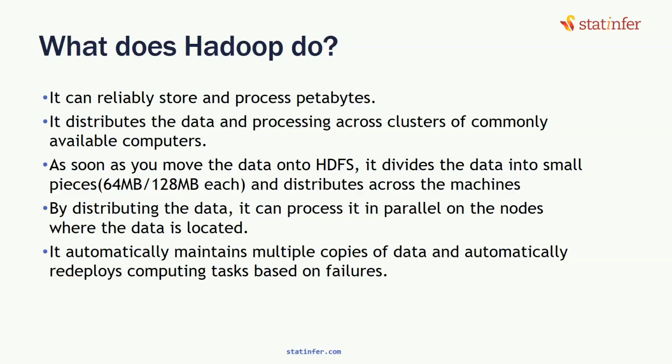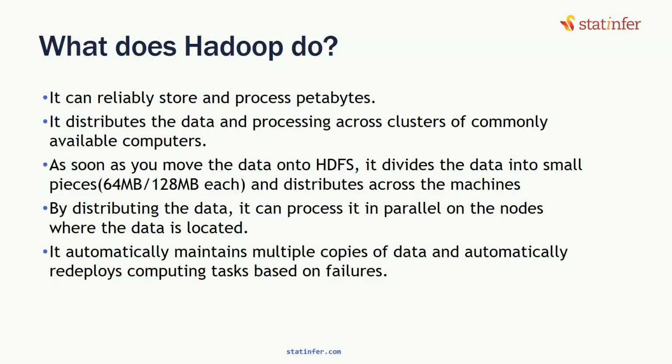In Hadoop there is one file system called the Hadoop Distributed File System. In Windows we have the Windows file system, in Linux we have the Linux file system. In the Windows file system, a 10 GB file looks like one single 10 GB file.